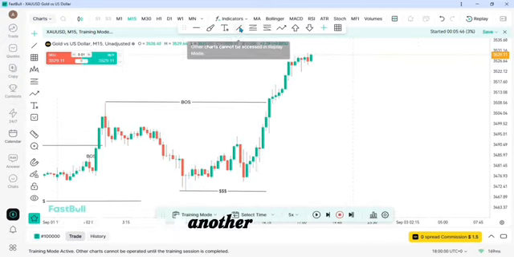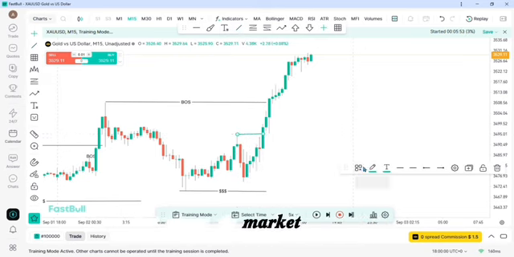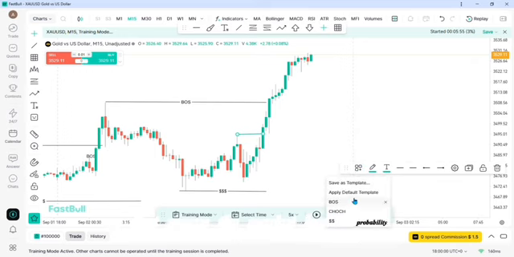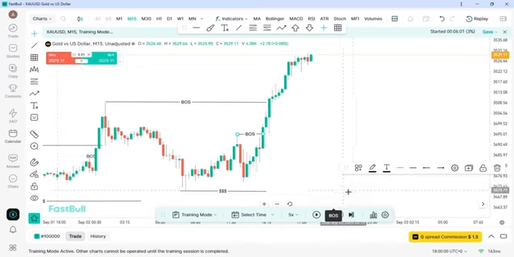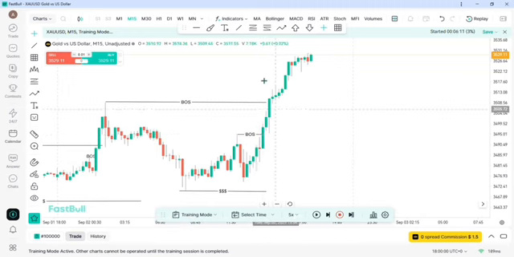And then there's another break of structure over here. So that means market has probability. This is a break of structure. This is a break of structure.